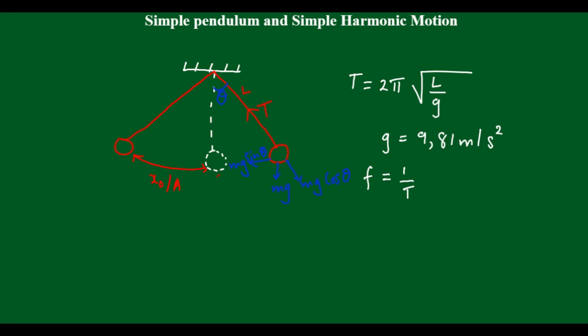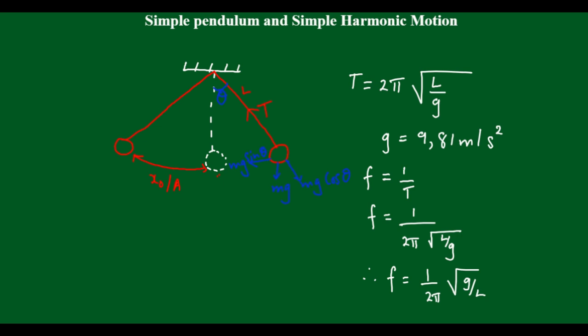So f is equal to 1 over 2 pi square root of length over g. So we can write this as the frequency is equal to 1 over 2 pi square root of g over L. That's how we calculate the frequency, where L is the length of that pendulum.